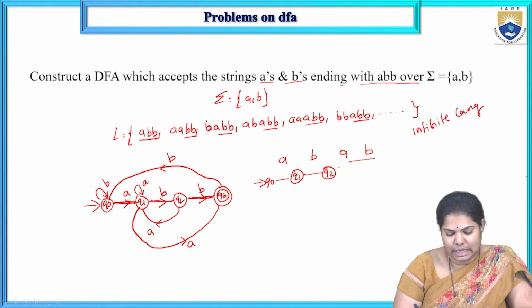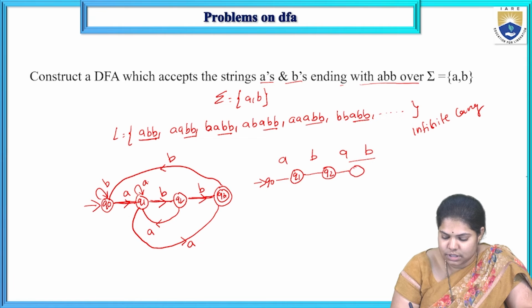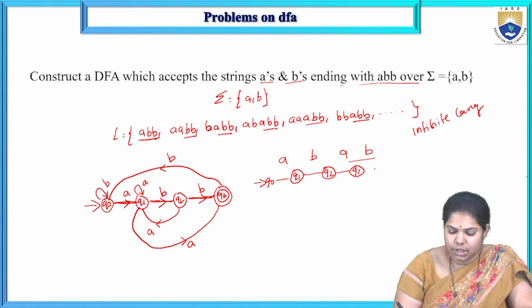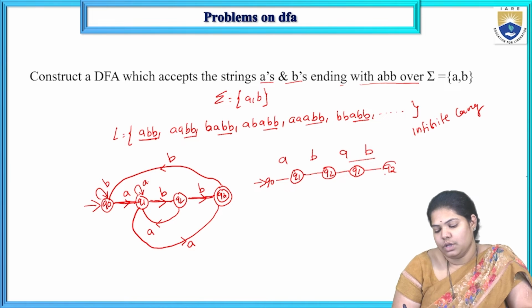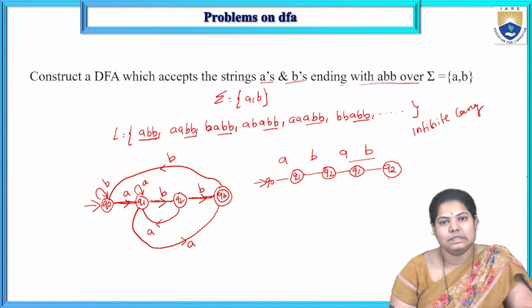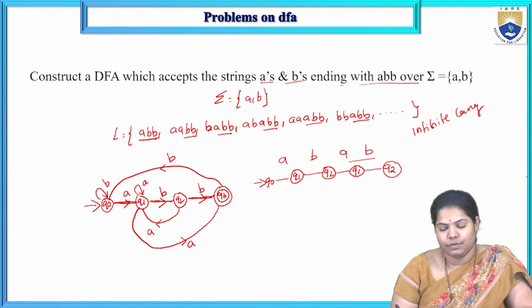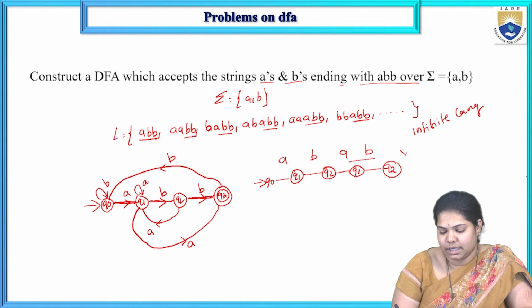Q2 on A, again I reach the state Q1. Q1 on B, again I reach Q2. Is Q2 a final state? No, Q2 is not a final state. Therefore we can tell that this string is not accepted by this finite automaton.